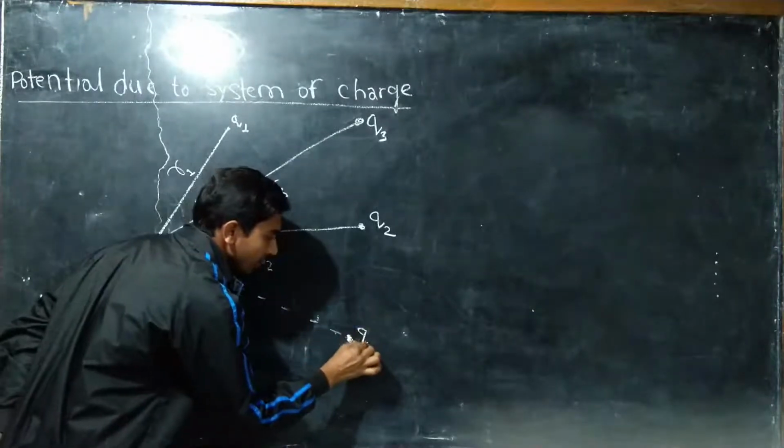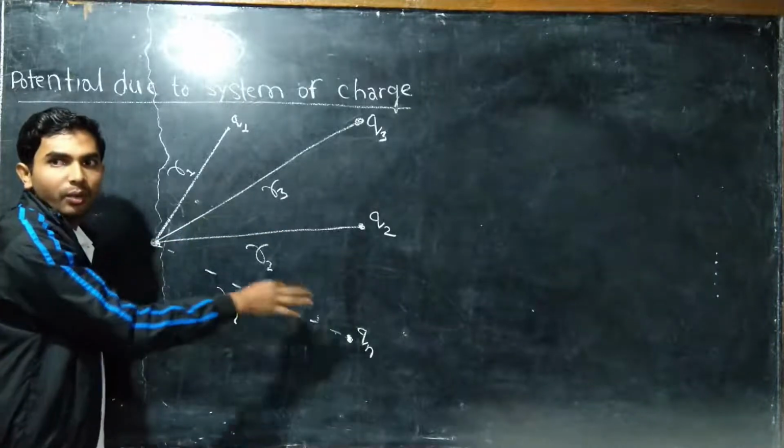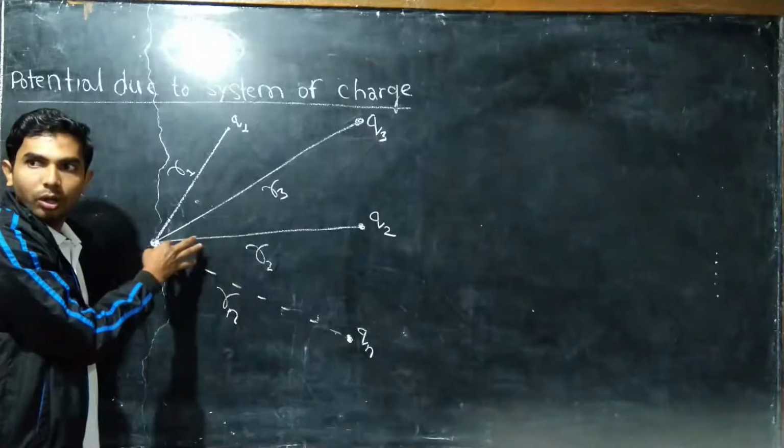So this is charge n. Now you can see n charges are present, and we have to find the potential due to all these charges.